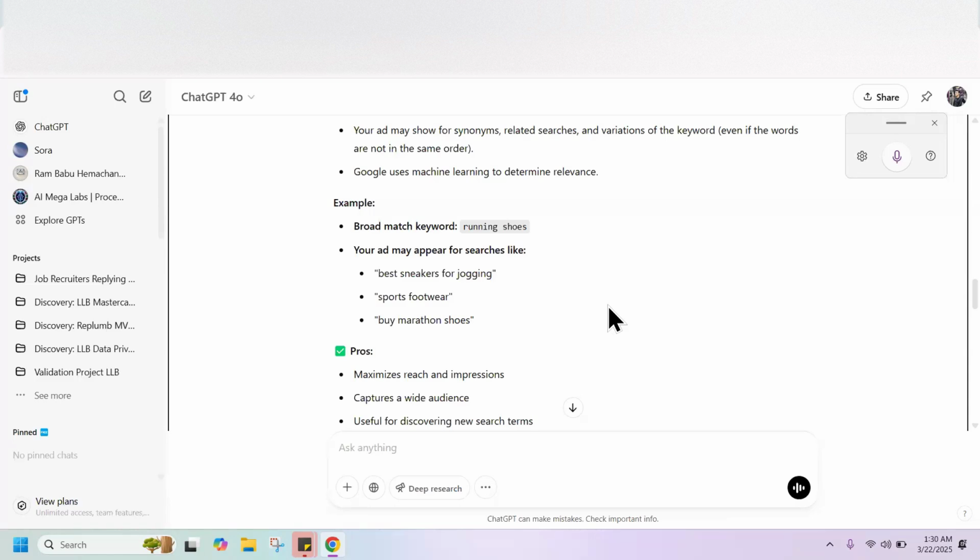Well, if a user is searching how to make a running shoe, if Google's AI is really that intelligent, it should be able to distinguish that and say, well, that's not a buyer intent keyword. That's an informational keyword.